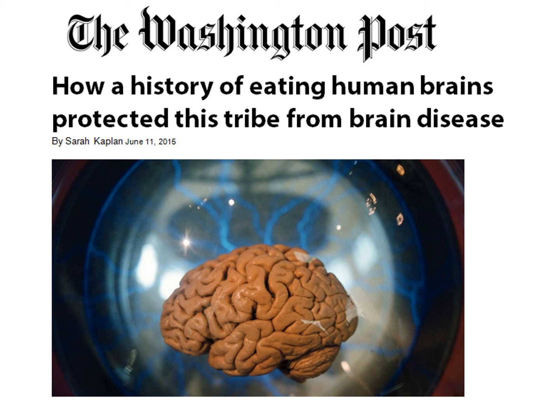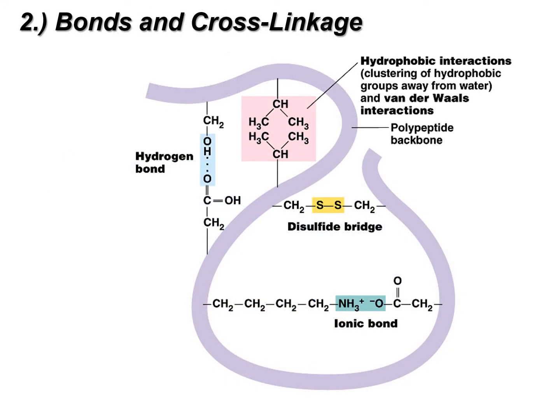Well, it turns out that people in tribes that have engaged in cannibalism, who had contaminated meat and neural tissue in their diet, are more resistant to Jakob-Creutzfeldt. They have evolved a protection against that prion disease. Pretty amazing stuff.